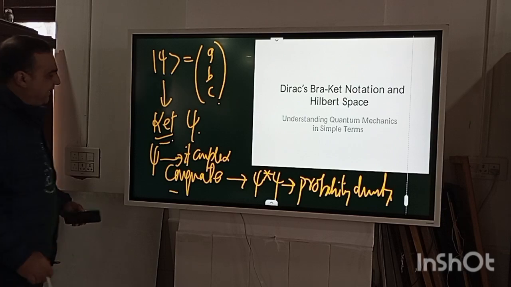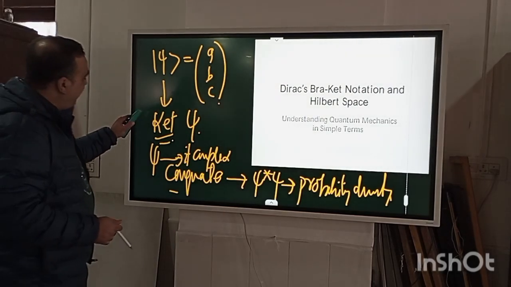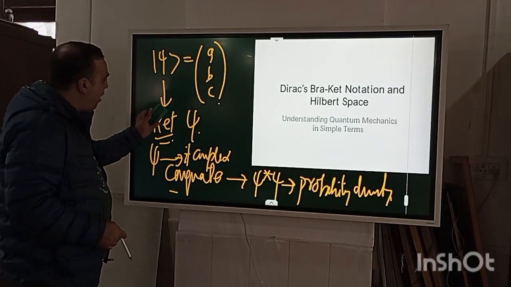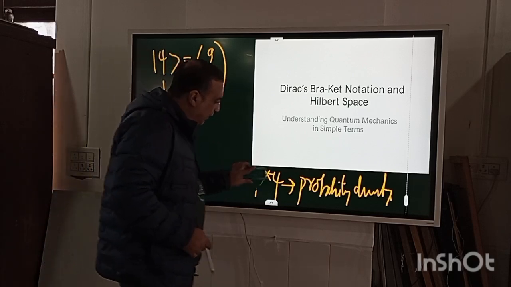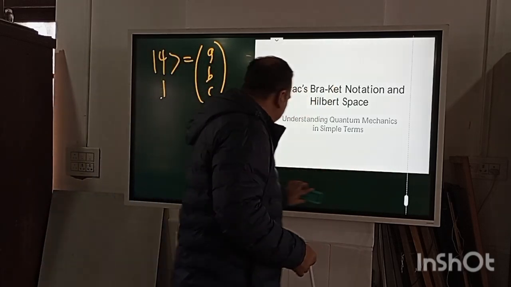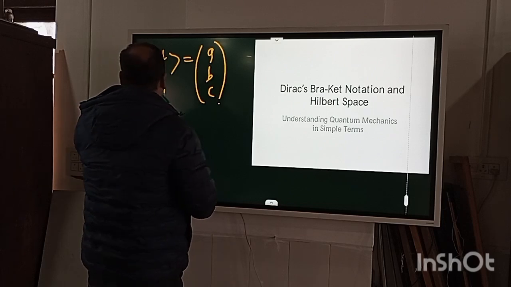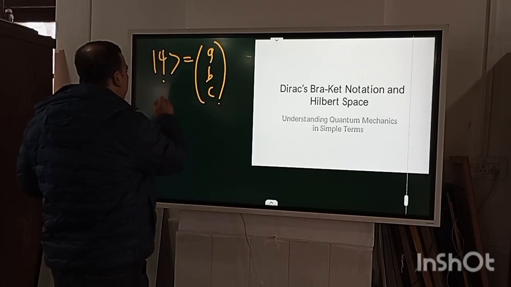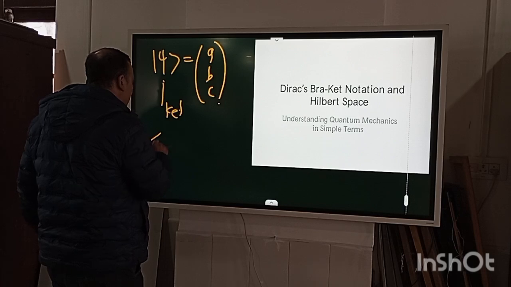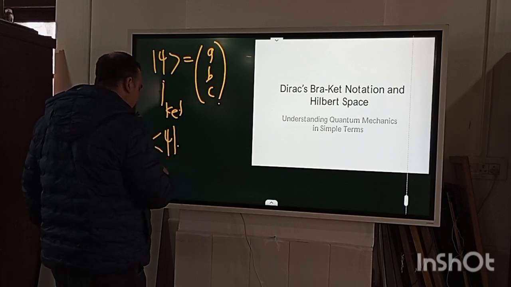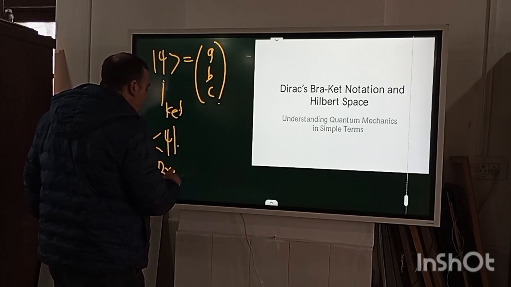In the same way, in Dirac notation, for every ket we have a dual, and this dual is known as the Bra. So this is the Bra.